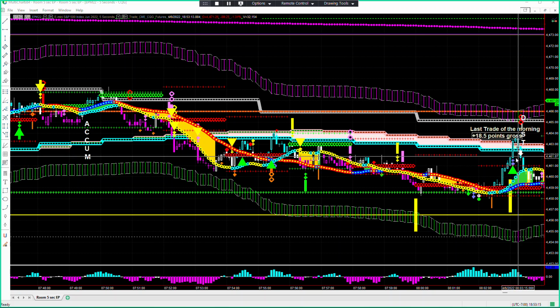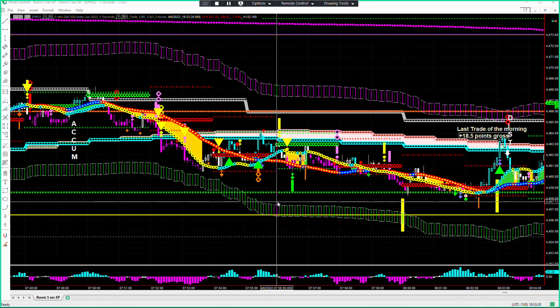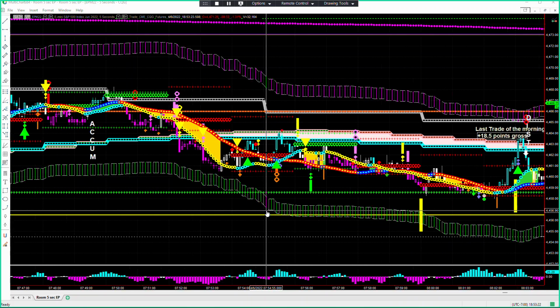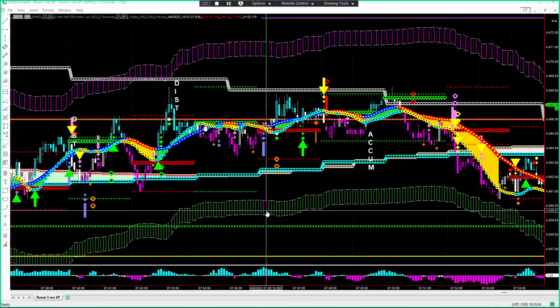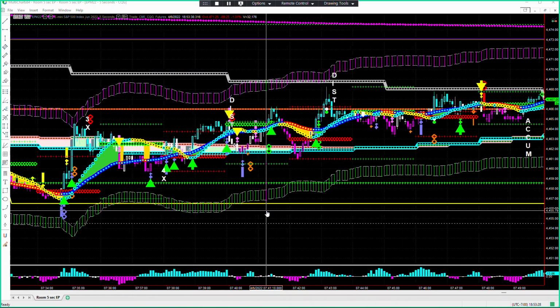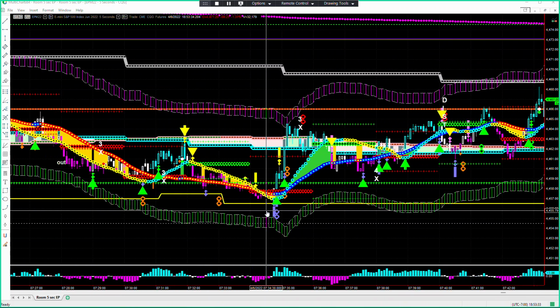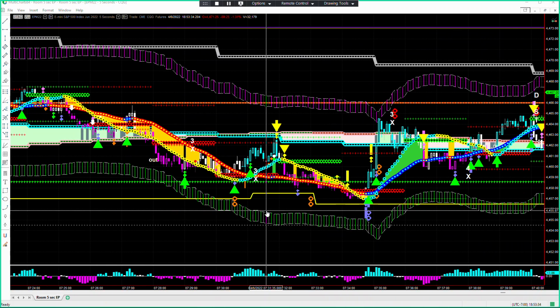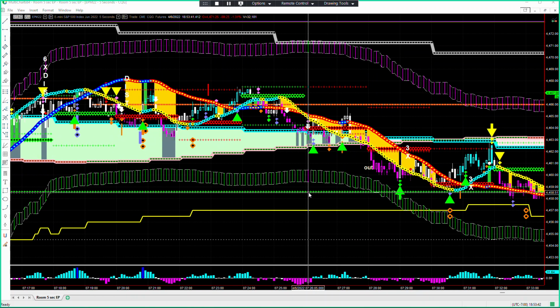So no, this was a rejection of the fast zone over here, so I went short. And that's my last trade of the morning, but let me see if I missed some arrows. Oh, here it is. Oh, that's the big trade, right?